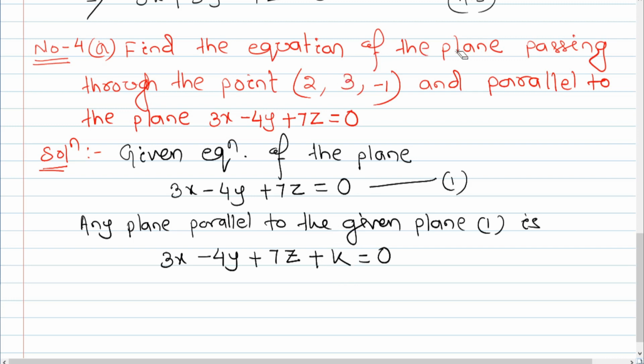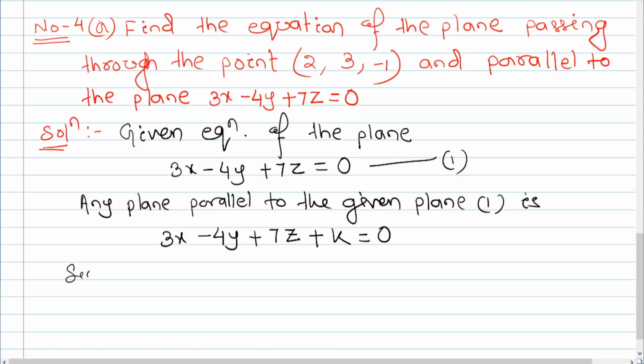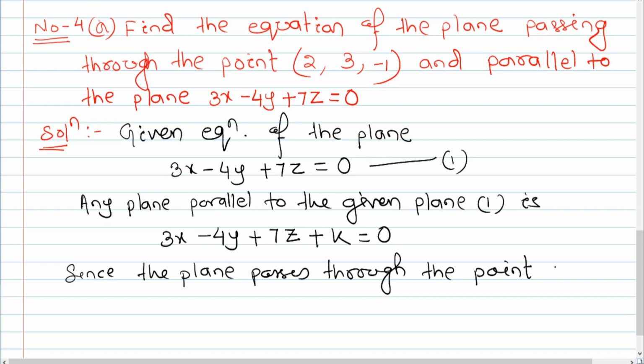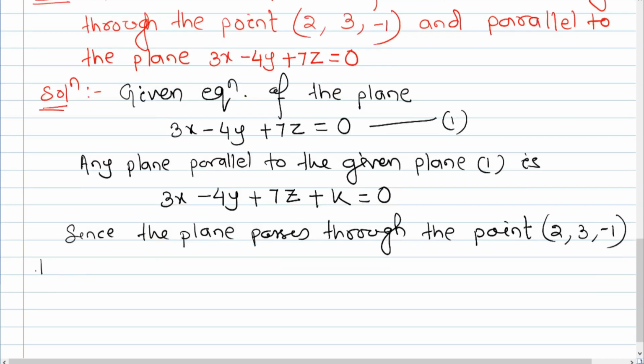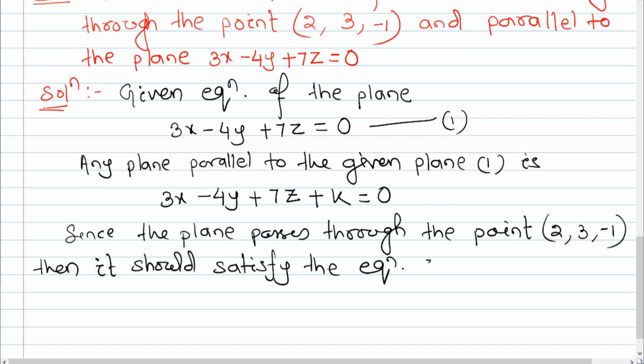The source is given, that is, the plane passes through the point (2, 3, -1). Since the plane passes through the point (2, 3, -1), then it should satisfy the equation of the plane.